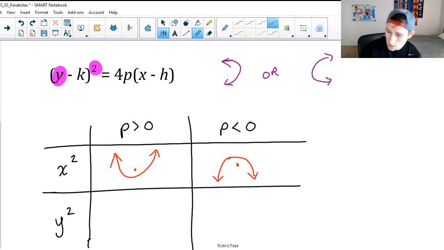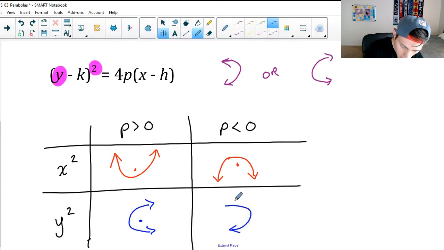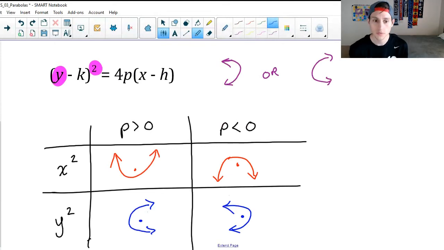If we have a y squared term, so we know it'll be left or right, if p is positive, it goes right. If it's negative, it goes left. This is one of those details that makes conic sections difficult, trying to remember how to know specifically if it's up, down, left, or right. Hopefully this little table helps us remember.